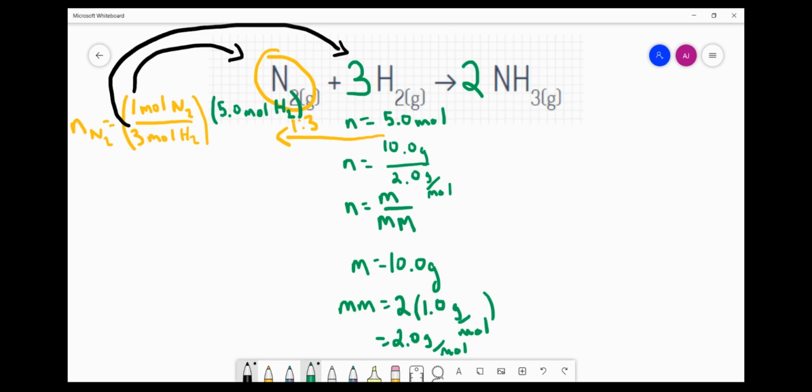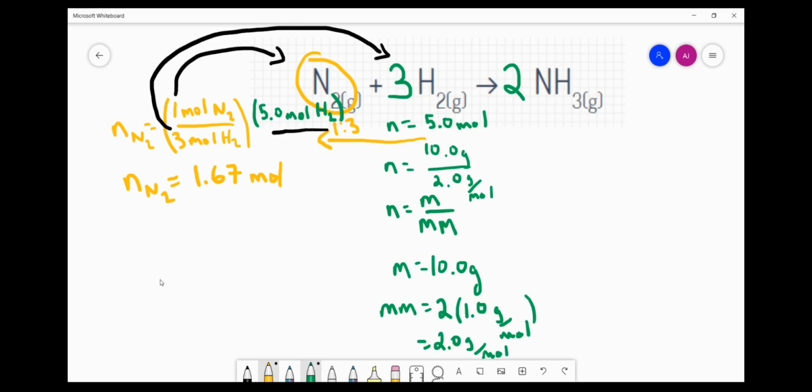So I have my experimental amount, 5 moles of hydrogen, which I calculated here based upon my 10 grams, and I'm multiplying it by the ratio in which the 2 chemicals react. If I have 10 grams of hydrogen, that means I have 5 moles of hydrogen. And since nitrogen reacts with hydrogen in a 1:3 ratio, 5 moles of hydrogen will react with 1.67 moles of nitrogen.